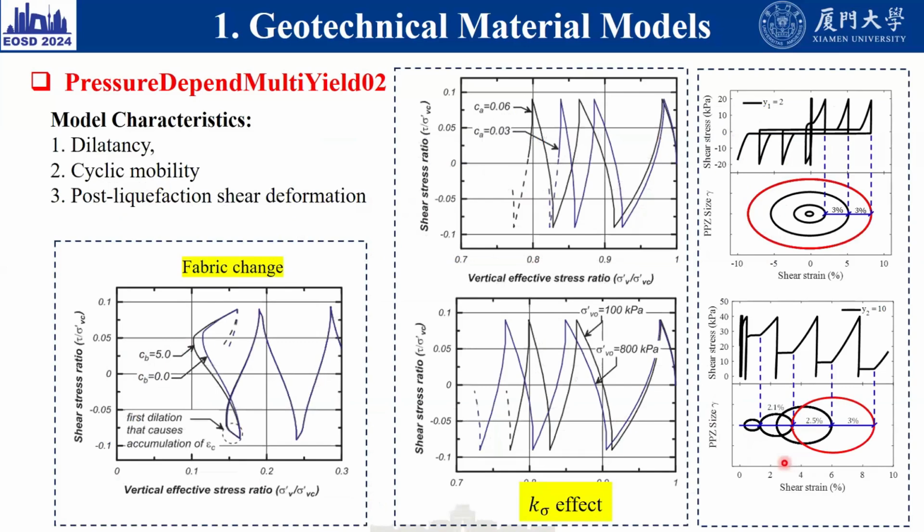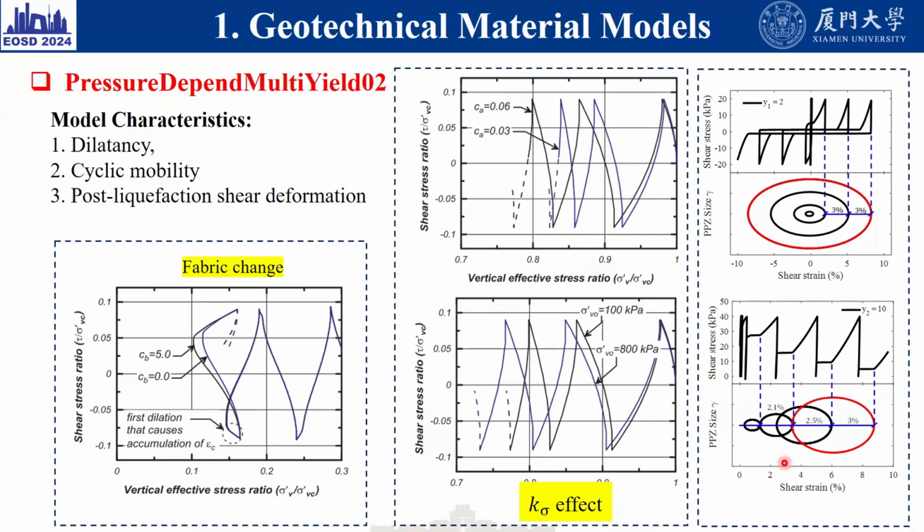Let me show you some of the representative results. For PDMY02, as I just mentioned, we have dilatancy, like the contraction and dilation. We have cyclic mobility, which means the non-flow liquefaction. And we have post-liquefaction shear deformation. In addition to these key characteristics, we also have fabric change.